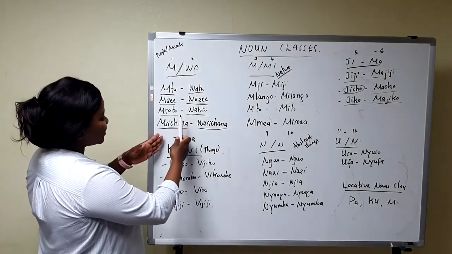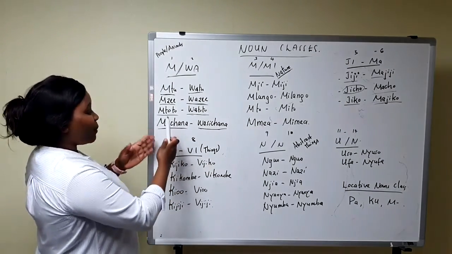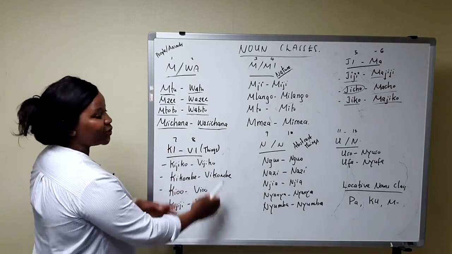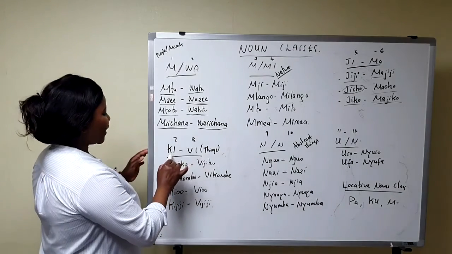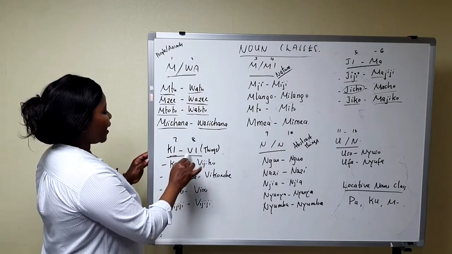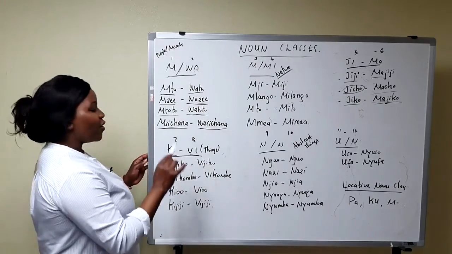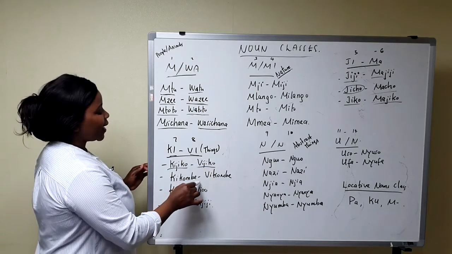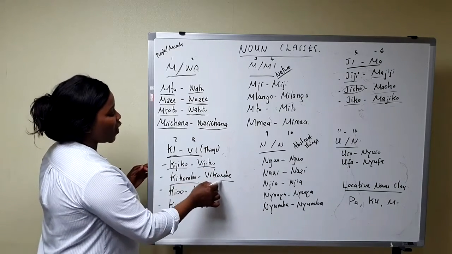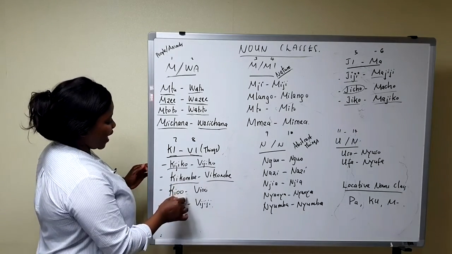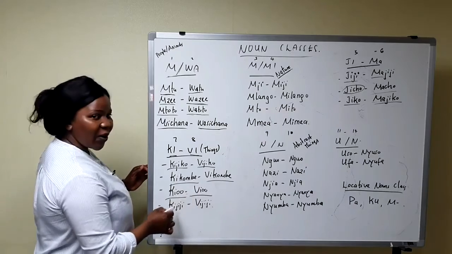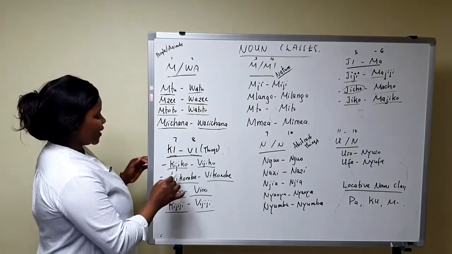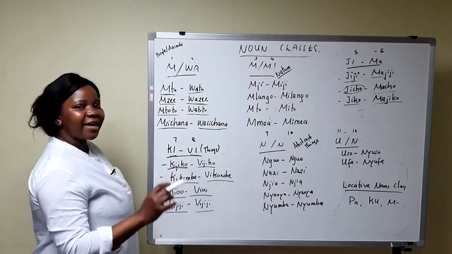So those classes, those things that their prefixes start with ki in singular and v in plural are grouped here. Okay, so ki for the singular and v for plural. For example, kijiko, vijiko, kikombe, vikombe, okay? Kioo, vioo, okay? Kijiji, vijiji. So kijiko is a spoon.